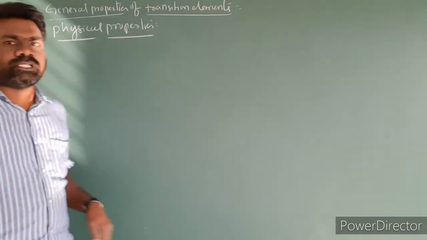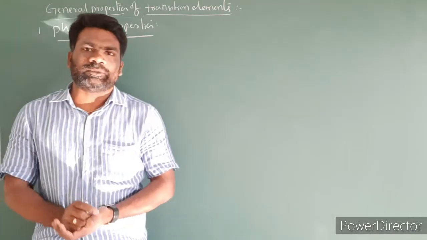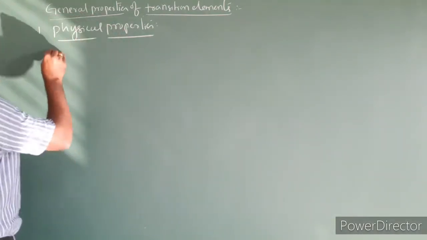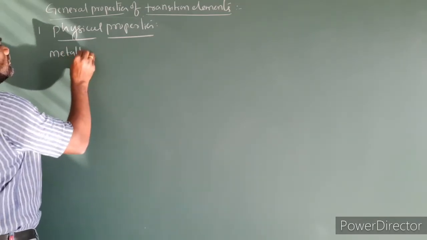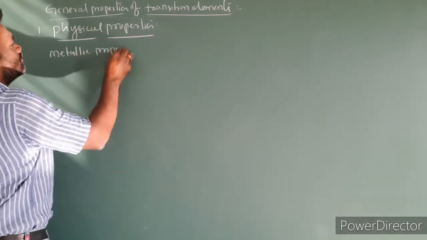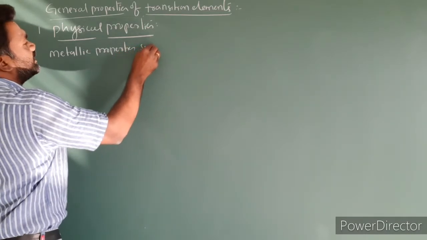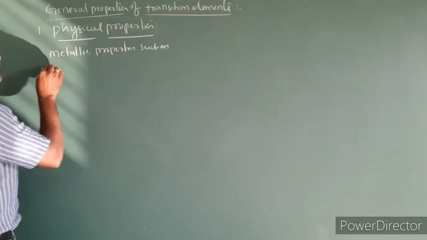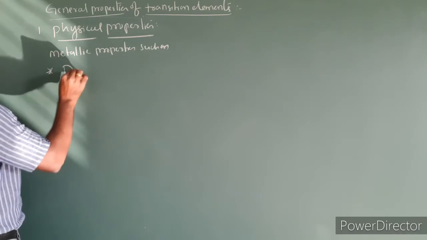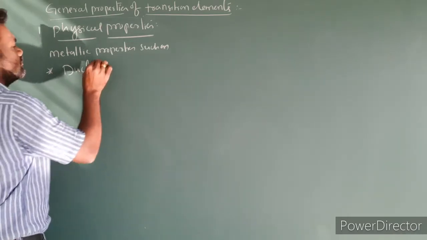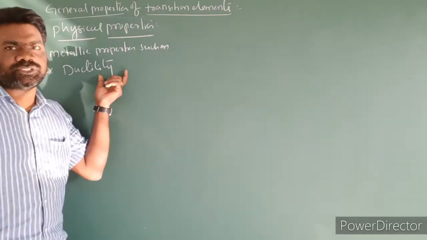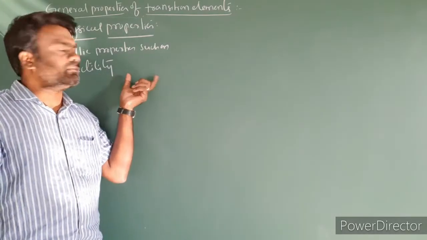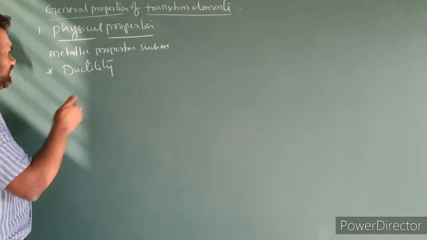Nearly all transition elements display typical metallic properties. The first one is ductility: a material stretched into wire is ductility, a metallic property.